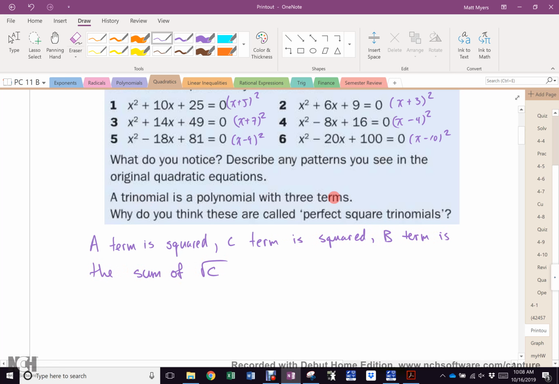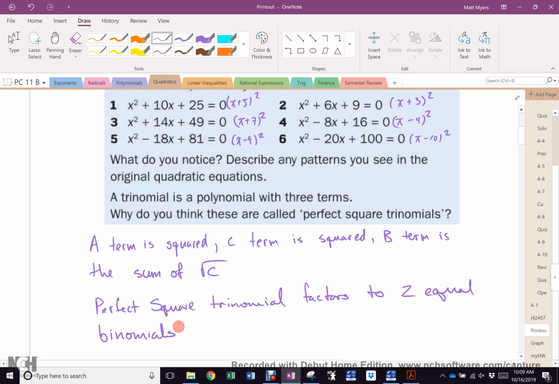We know a polynomial, a trinomial is a polynomial with 3 terms, yeah? What makes these perfect squares? Well, like all perfect squares, they have 2 equal factors. So, a perfect square trinomial factors to 2 equal binomials.